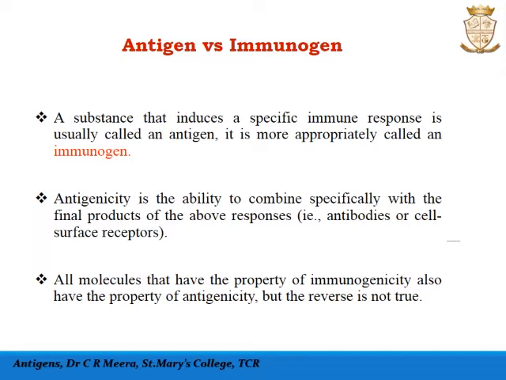All molecules that have immunogenicity also have the property of antigenicity, but the reverse is not always true. So we can say immunogens are molecules with immunogenicity and immunological reactivity, whereas antigens have only immunological reactivity, no immunogenicity. Hence, all immunogens are antigens.